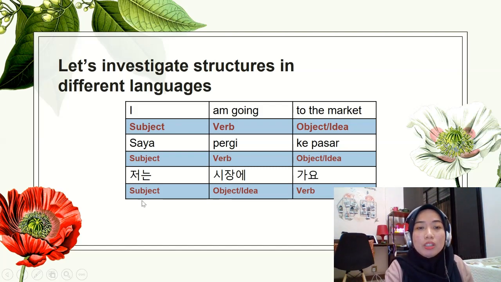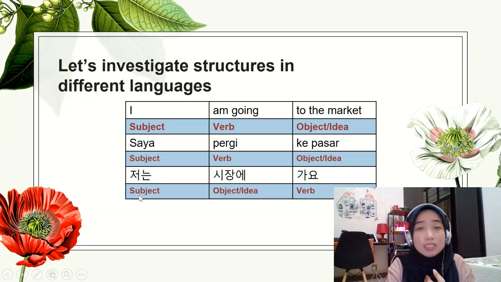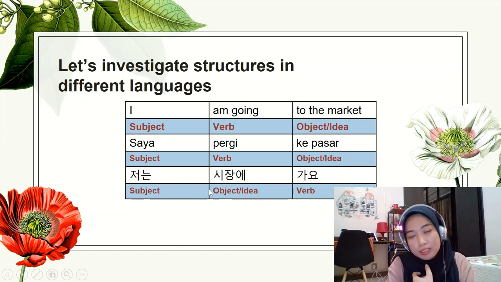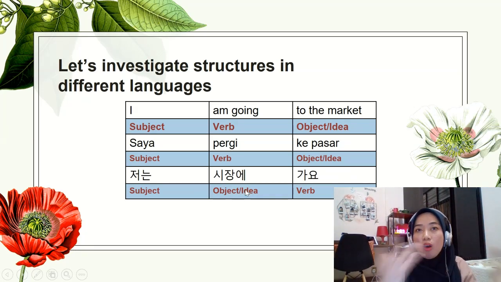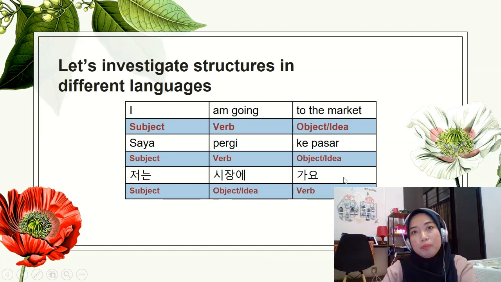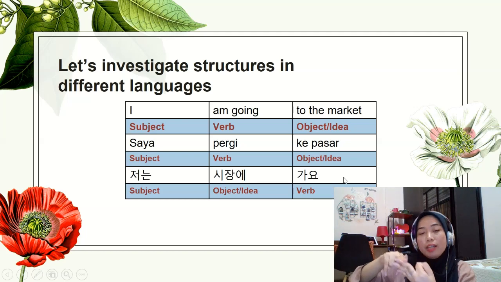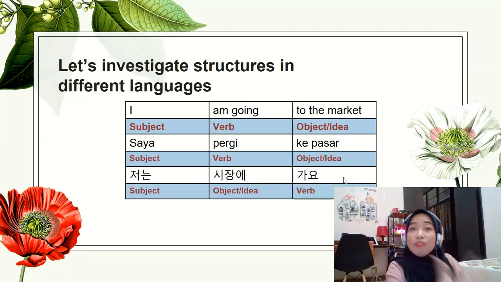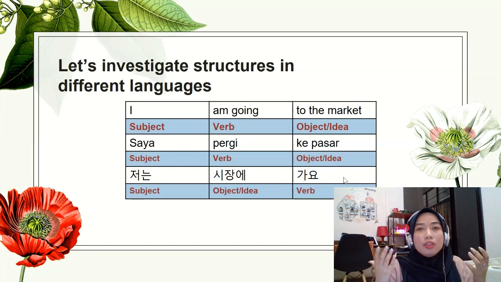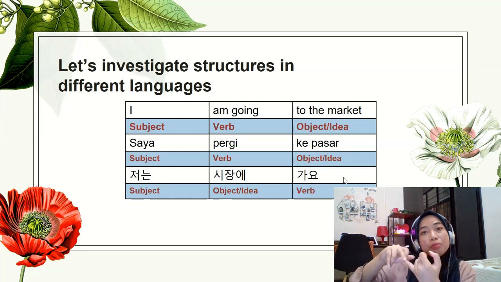Because here we can learn that 저는 is the subject, 시장이 is the idea of it, 가요, going to. So instead of having subject, verb, object, Korean language has a different structure. The structure for Korean language is subject, object, and verb.